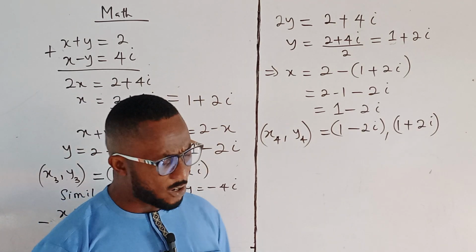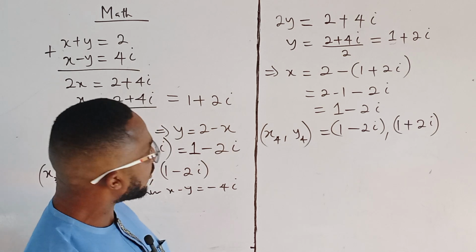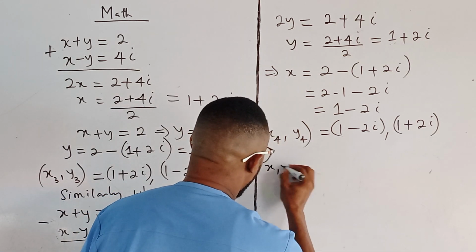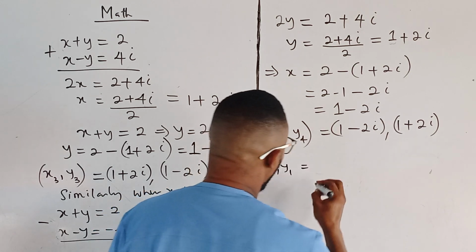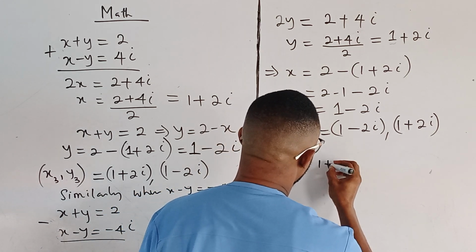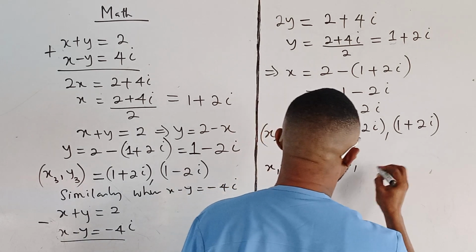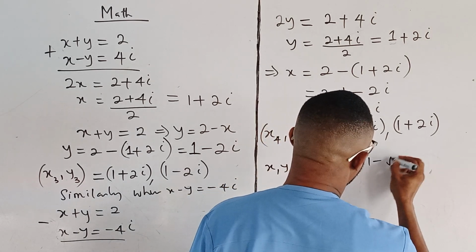If I were to recall the whole set of solutions, we know that s1, y1 will be 1 plus rad 2, comma, 1 minus rad 2.